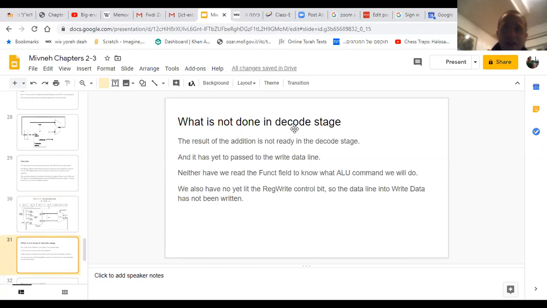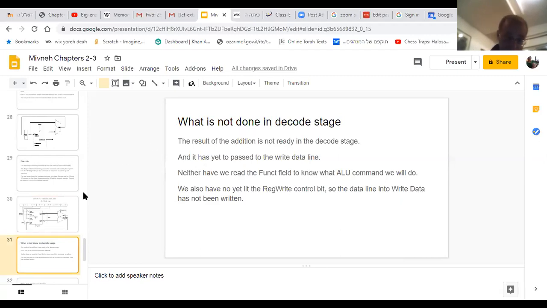What is not done in the decode stage? Actually, what he says is this: we're all talking in one clock cycle, so stages is a bit of a funny thing to talk about, because in that cycle, eventually the values will be what they're supposed to be. But in the stage that we call decode, the result of the addition is not ready.